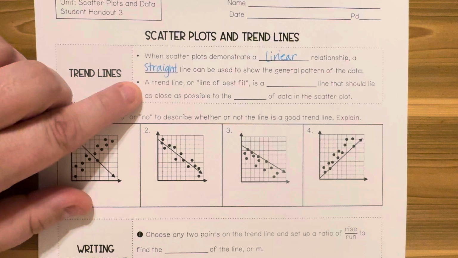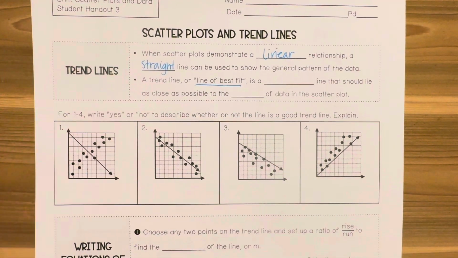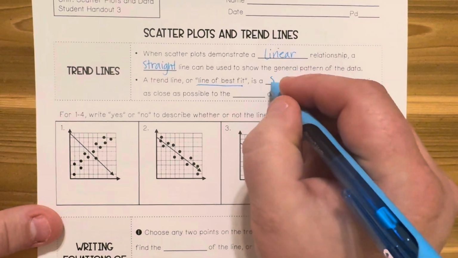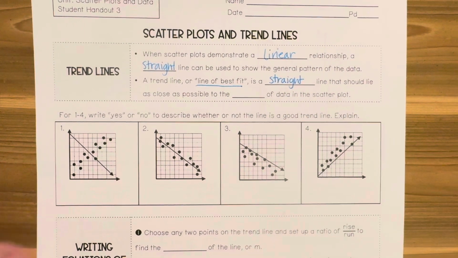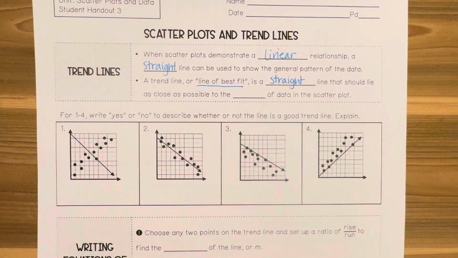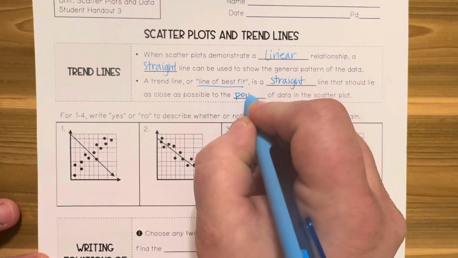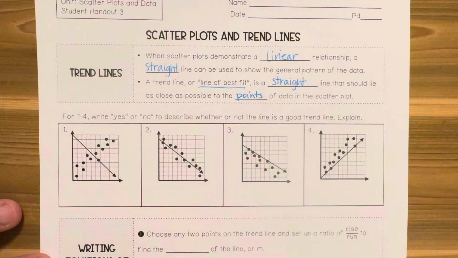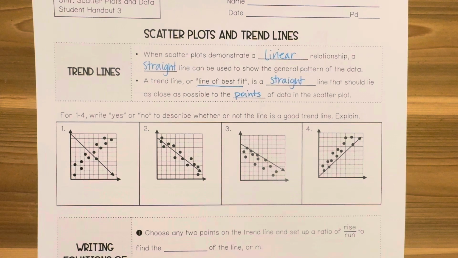A trend line, or what we're going to start calling it, a line of best fit, is a straight line that should lie as close as possible to the points of data in the scatter plot. Now, it's going to lie as close as possible to the points in the scatter plot, but it does not necessarily have to pass through the points of a scatter plot.